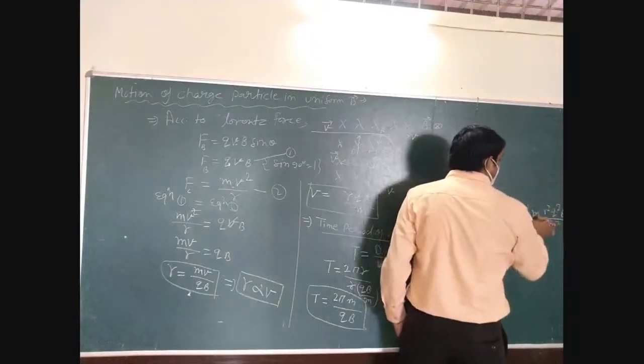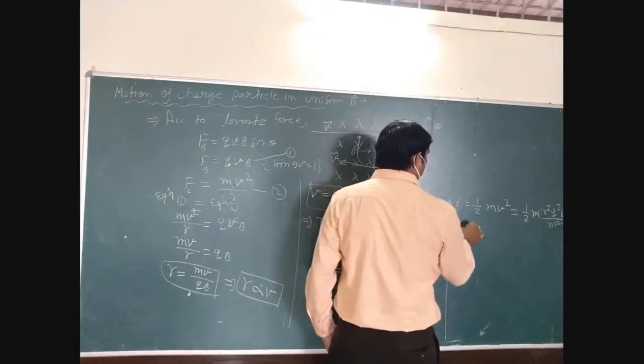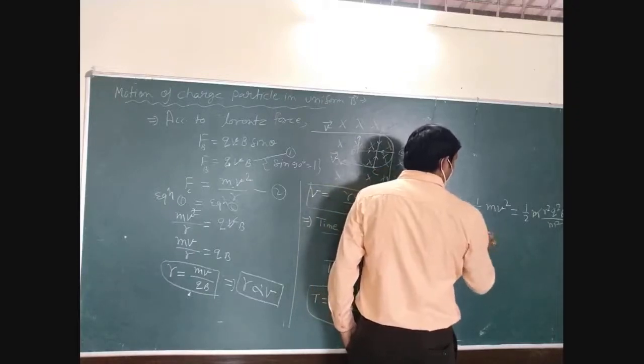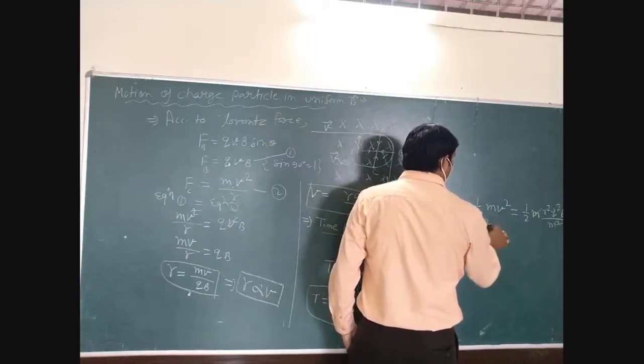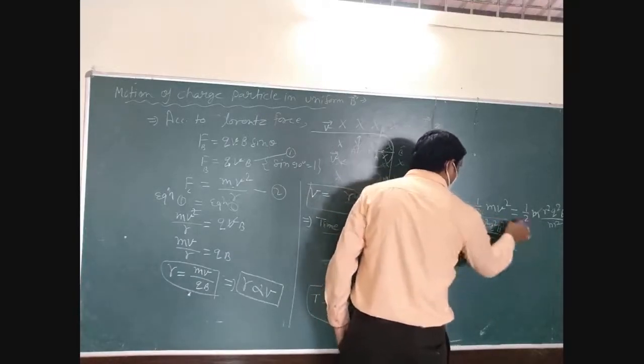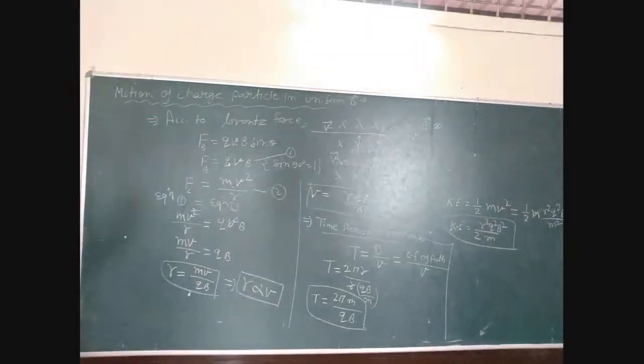The m square in the denominator is cancelled by the numerator and we get kinetic energy equal to half r square q square B square upon m. So this is all about a particle revolving in the magnetic field.